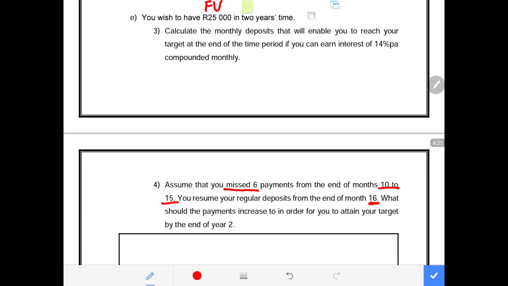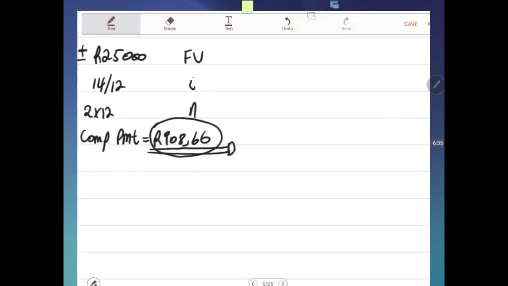Then it says, what should the payments increase to in order for you to attain your target by the end of year 2? We still need to make sure that we reach our target. And be mindful of the fact that if we make these payments of 908.66 for 2 years, they will amount to 25,000. But because from month number 10 up to month number 15, we missed the payments.